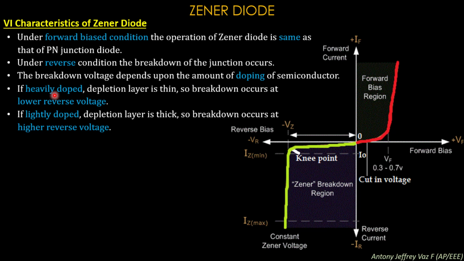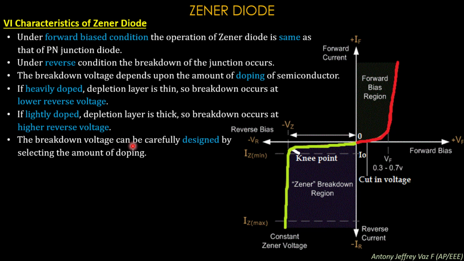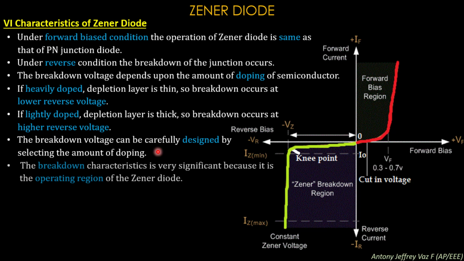When you add fewer impurities, then the thickness becomes very thick and you need a very high reverse voltage to get the breakdown of a Zener diode. The breakdown voltage can be carefully designed by selecting the amount of doping. So by calculating the required voltage, you should carefully design the diode while doping it.